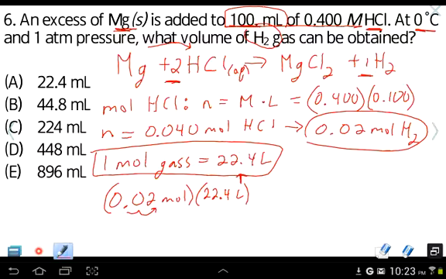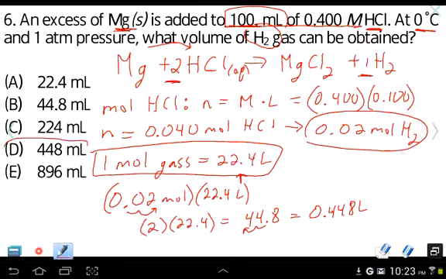So if we swing it twice, we get 2 essentially times 22.4, which gets us 44.8. And then we'll swing it back to the left, which gets us 0.448 liters, which is actually 448 milliliters. So that's how I would do this problem.